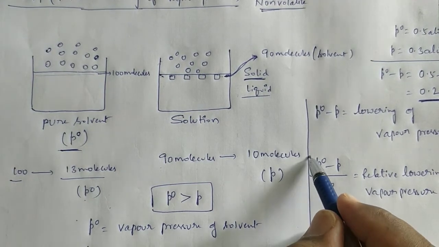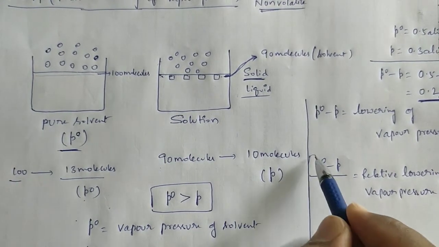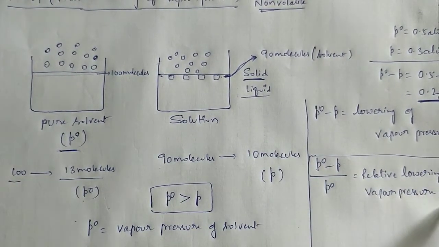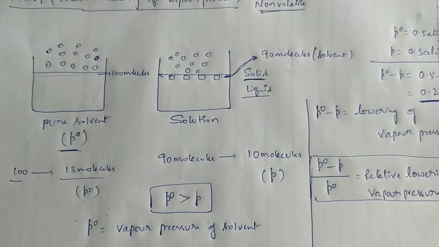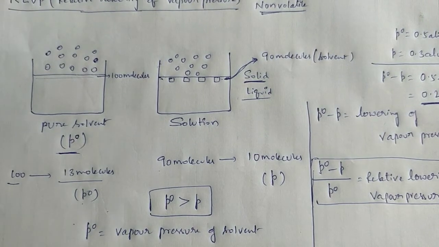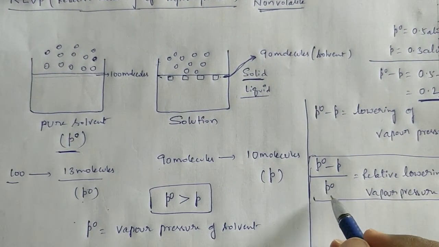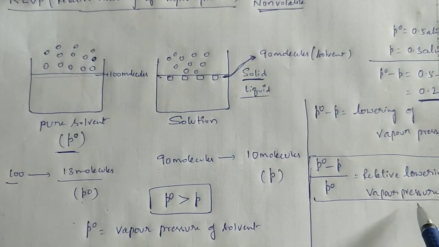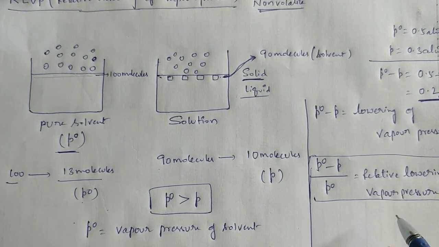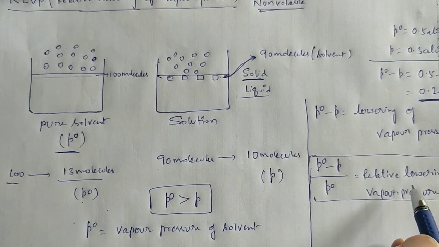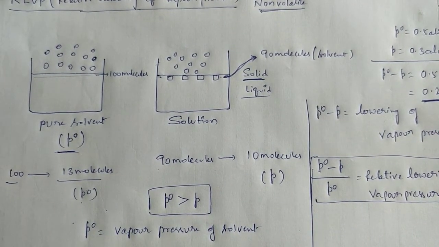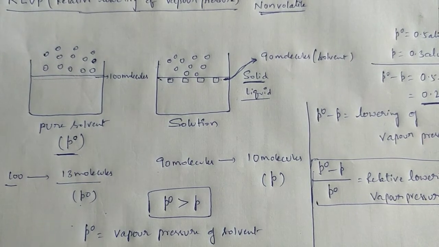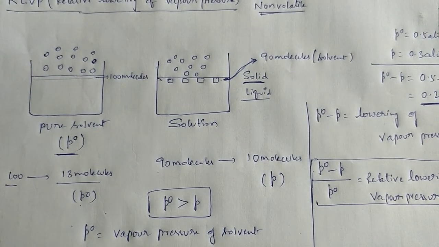This derivation we want to calculate: P0 minus P by P0 is equal to relative lowering of vapor pressure. This formula we are going to derive from Raoult's law only. Let us see what that Raoult's law is. Again, I hope till now you are clear.